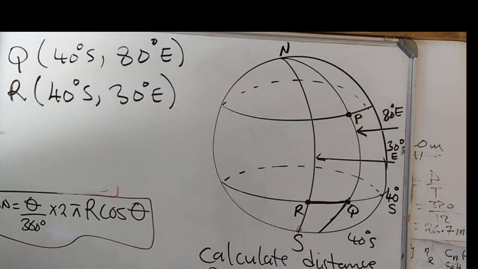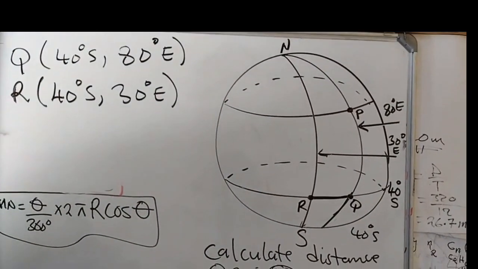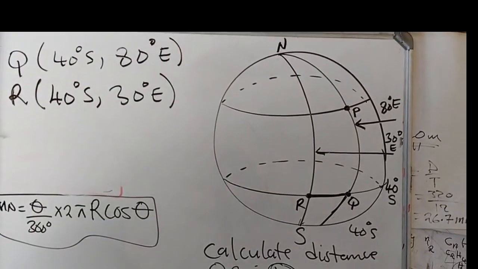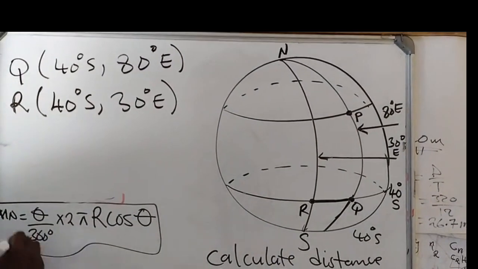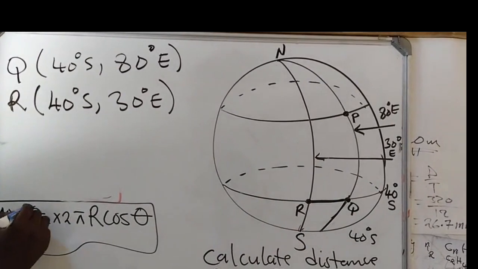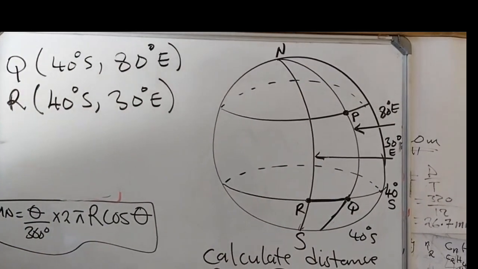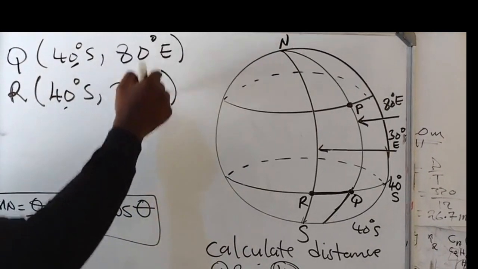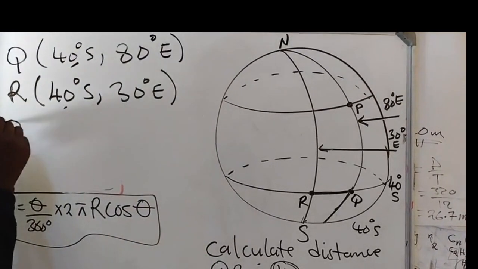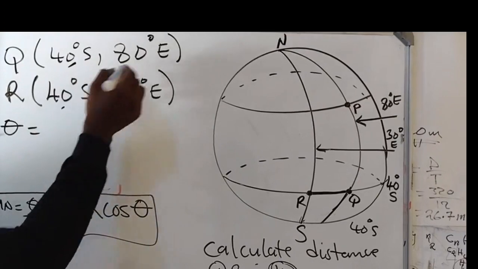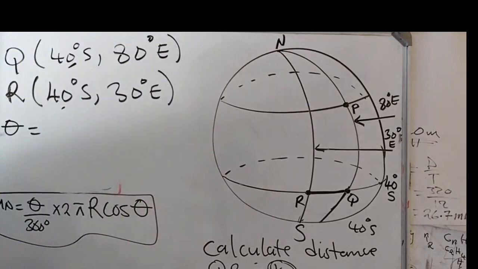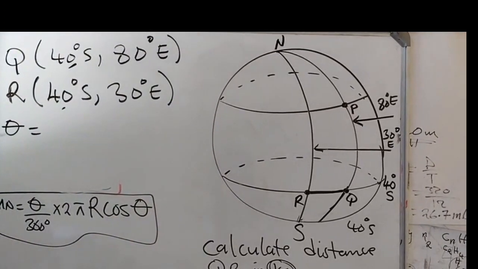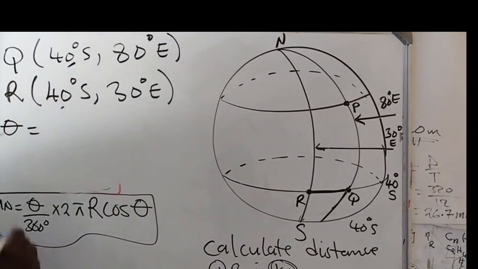Now we know that we are going to use the formula for finding the distance along the line of latitude, which is this formula down here. The theta is the difference in longitudes, because these are going to cancel, and they only remain with the longitudes. You can see they are lying on the same side of the Greenwich meridian, which means you're going to subtract.